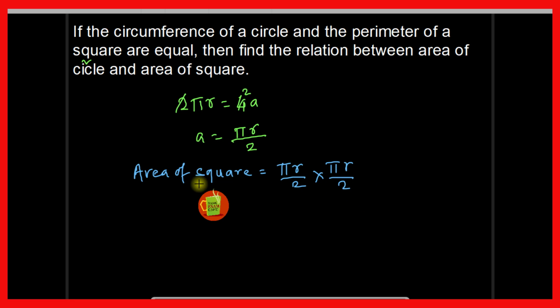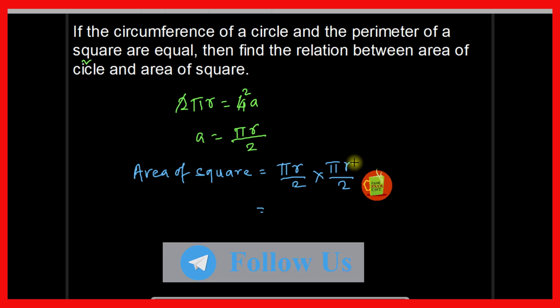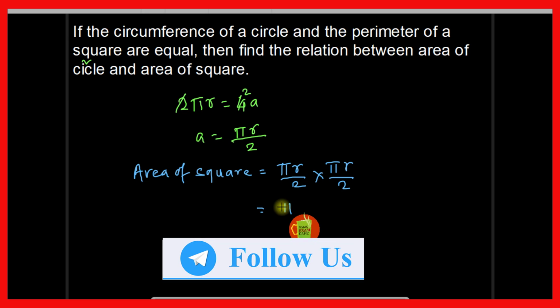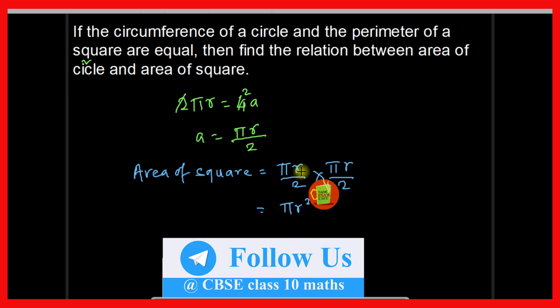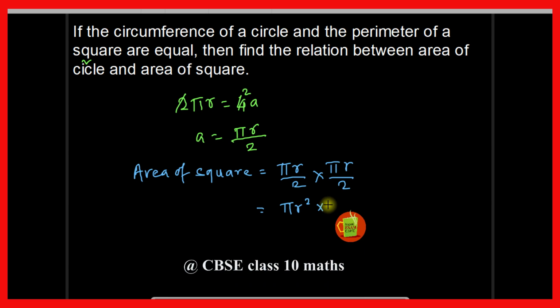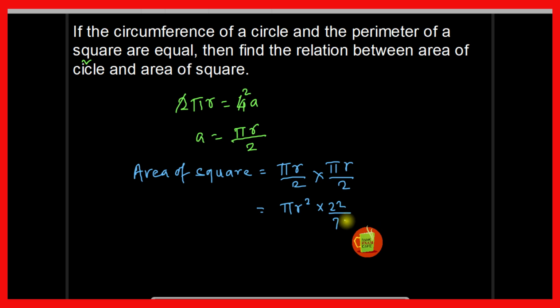So we can write this as pi r square, multiplied by pi by 4, that is 22 by 7 into 4. 2 2s are 4, 2 11s are 22, so this will be 11 by 14.